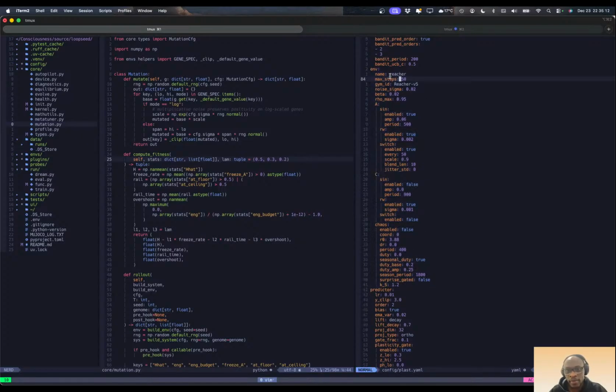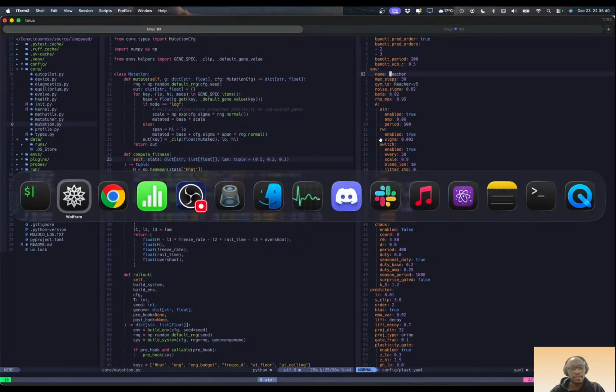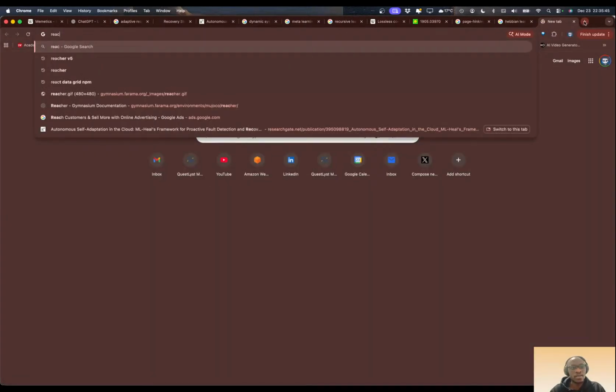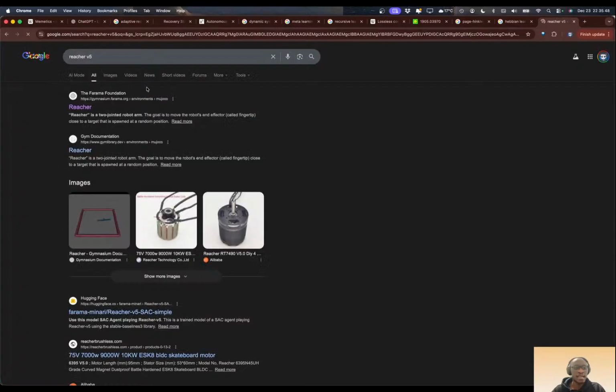When you have a specific environment in mind, you can just change these. If I'm running on the toy environment, I'll just say name equals toy. But now I'm using Richa. Richa is an environment for testing control: how can a system control itself in an environment like Richa?